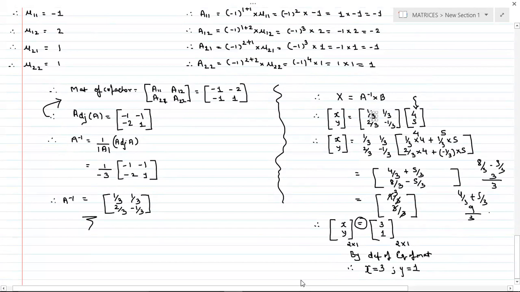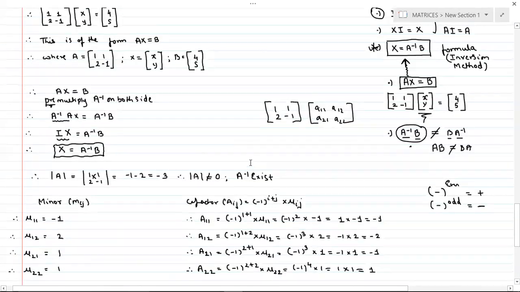It is not compulsory to find A inverse by the elementary transformation method only. You can stick with the adjoint method also. The adjoint method is a little lengthy, but according to me, compared to the elementary transformation method, it is quite safe and simple.